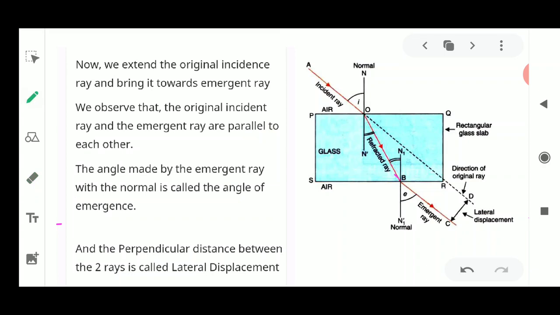The perpendicular distance between the emergent ray and the direction of the original ray is known as the lateral displacement. So please remember these words.